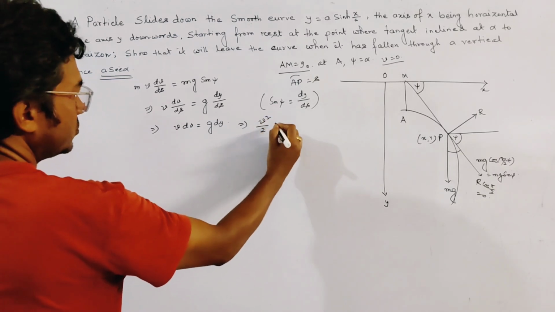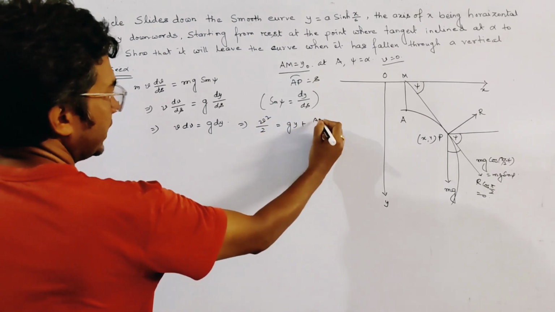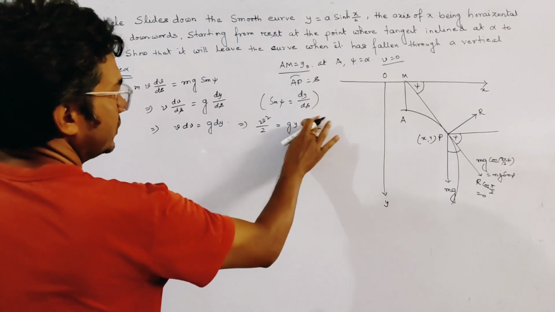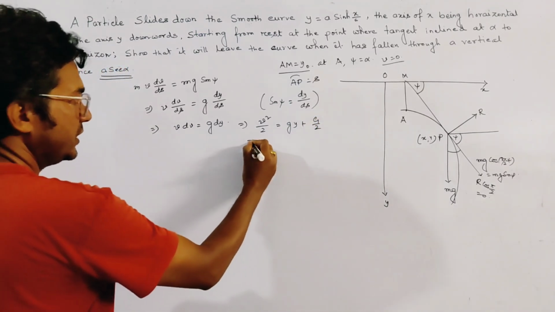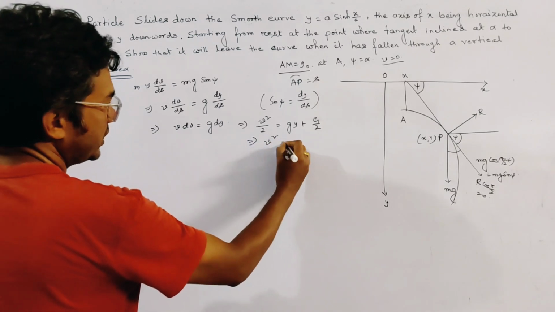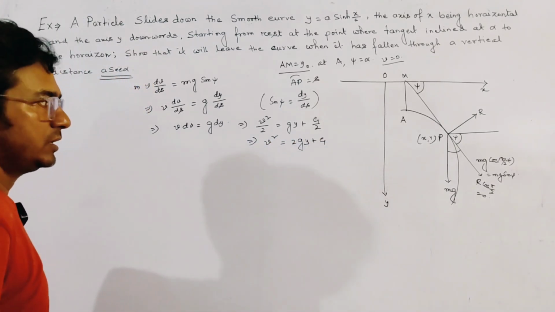we get v squared by 2 is equal to gy plus c1 by 2, where c1 is the integrating constant, so v squared is equal to 2gy plus c1.